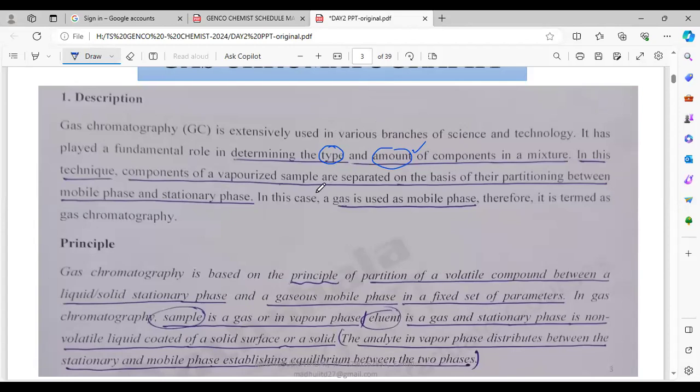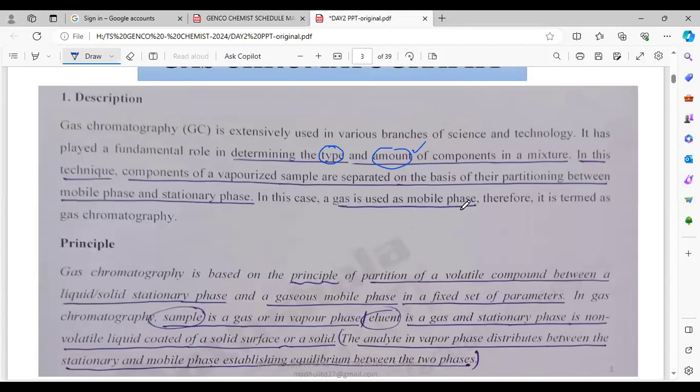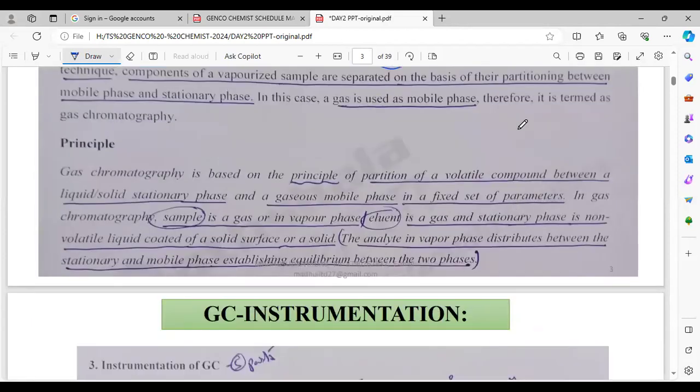Next, here also you will use a mobile phase and a stationary phase. Now, what is the main principle of gas chromatography? Here it is, you try to read it once. Partition of a volatile compound between a liquid or solid stationary phase and a gaseous mobile phase. This is a common factor in all chromatography: stationary and mobile phase.